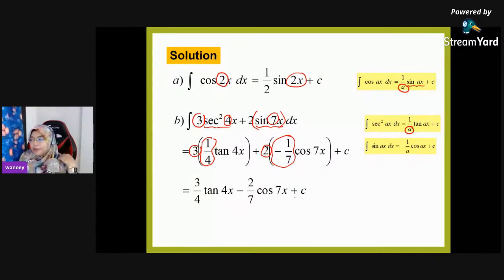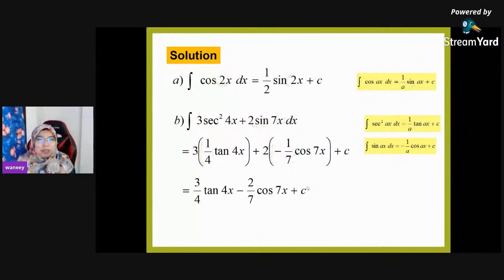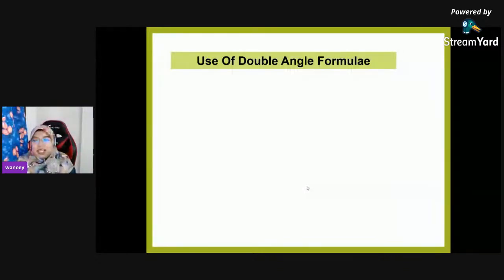Done. Okay, so this one we have sine, cos and secant square. Very basic. Now what happens if we use a double angle formula? Sometimes we need to use a double angle formula in order to modify them into a basic rule.